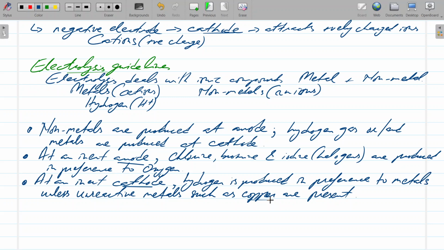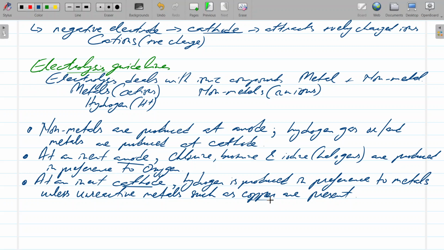If you've got the unreactive metals, that is in case hydrogen is present in whatever electrolyte we are using, or somewhere in the process of electrolysis. If there is no hydrogen present at all, then obviously the metal itself will be produced. Is that clear?